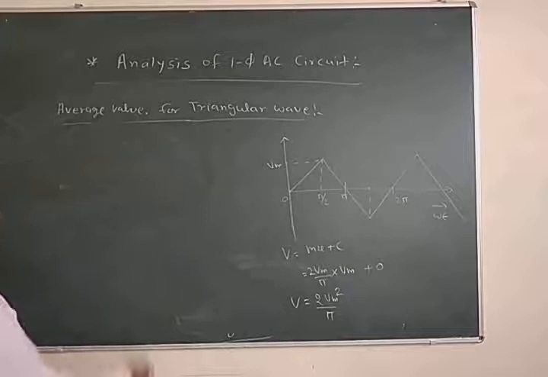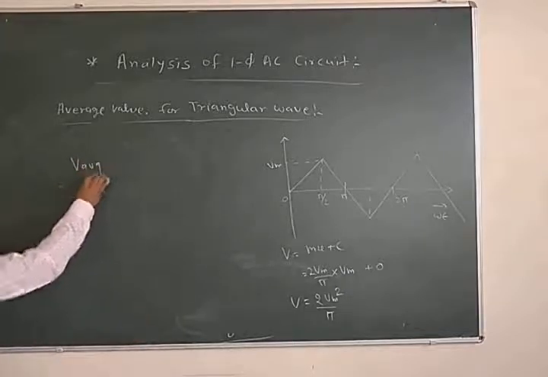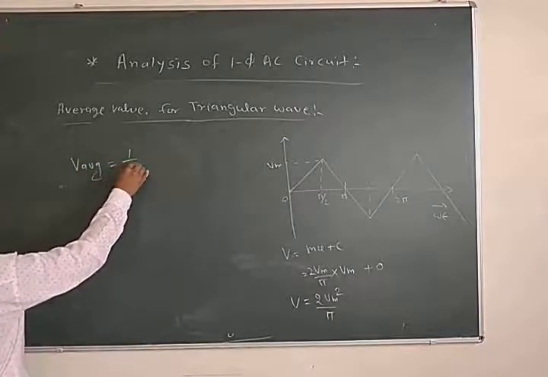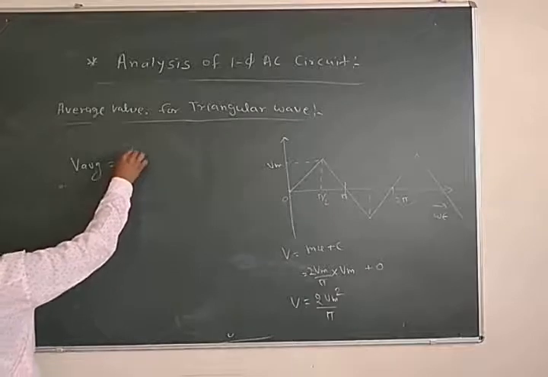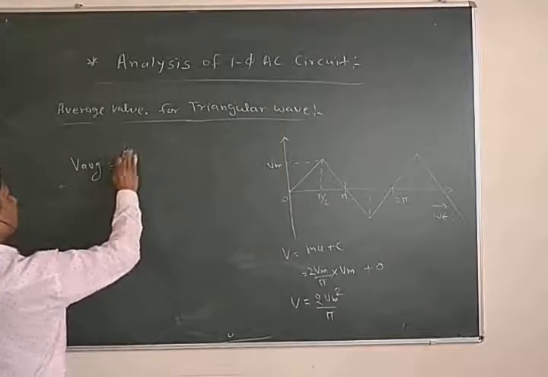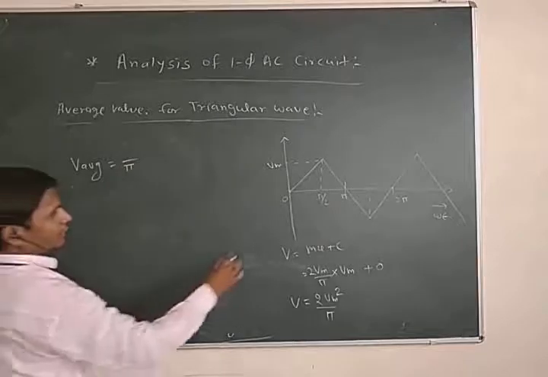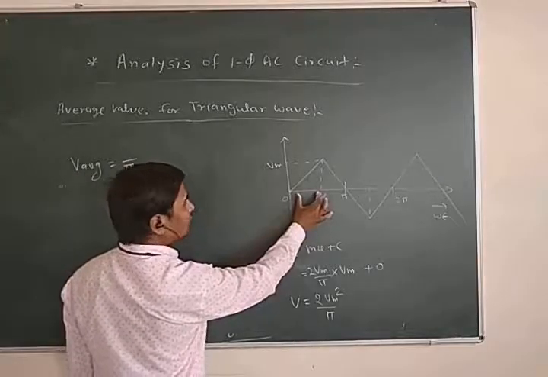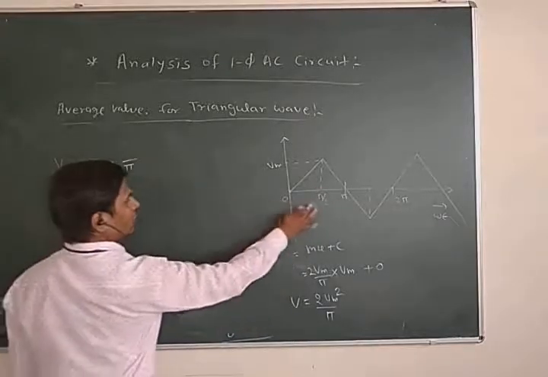Now we take the average value. V average is 1 upon pi by 2, that is 0 to pi by 2. We take only a small section of 0 to pi by 2.